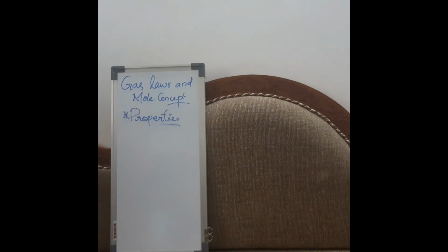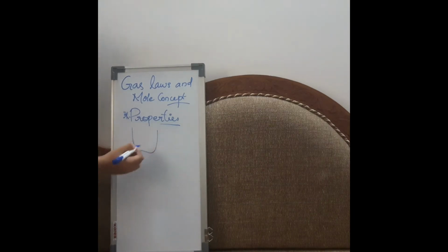As the collisions of molecules are perfectly elastic in nature, there is no loss of energy. These molecules collide with each other and with the walls, the collisions are elastic, and there is no loss of energy. Then there is no attraction between the gas molecules and the walls of the container.